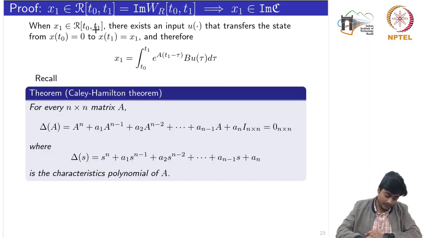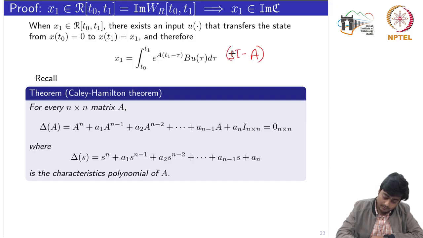Now quickly we will recall the Cayley-Hamilton theorem, because we are going to use this result: for every n cross n matrix A, delta of A should be equal to the 0 matrix, where delta of S is basically the characteristic polynomial of A. Given any matrix A, we have been computing the characteristic polynomial by computing the determinant of this matrix.